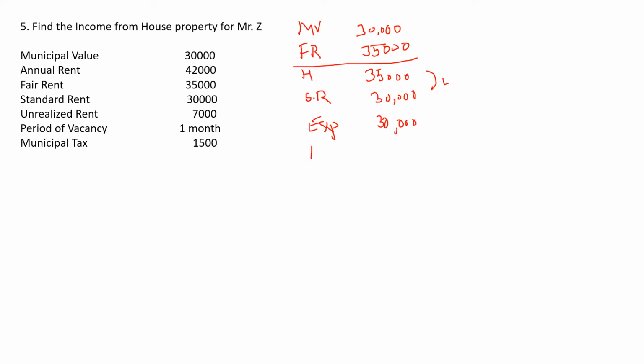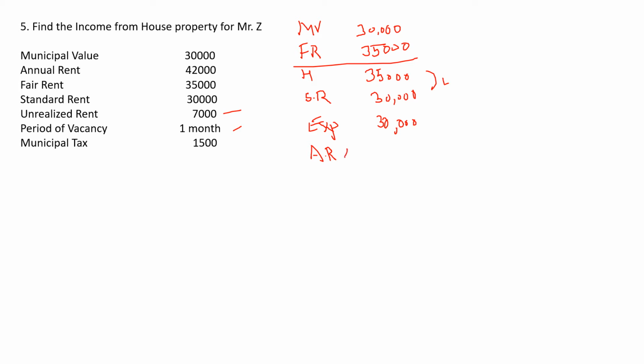Now actual rent. For actual rent, you see whether we have been provided with any vacancy and unrealized rent. Yes, we have unrealized rent of 7,000. That means from the annual rent of 42,000 we have not received 7,000.